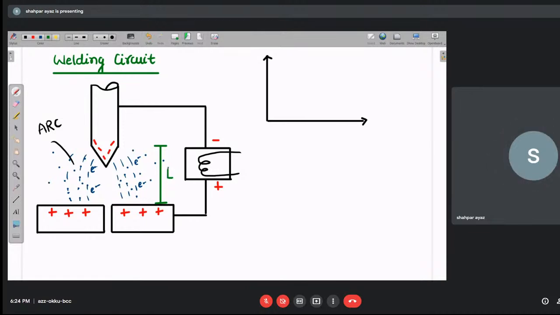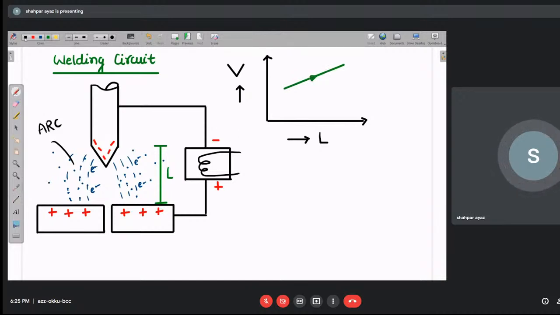So guys, if you draw a graph between these two, suppose this is the voltage and this is your arc length L, the graph is like this, my dear.